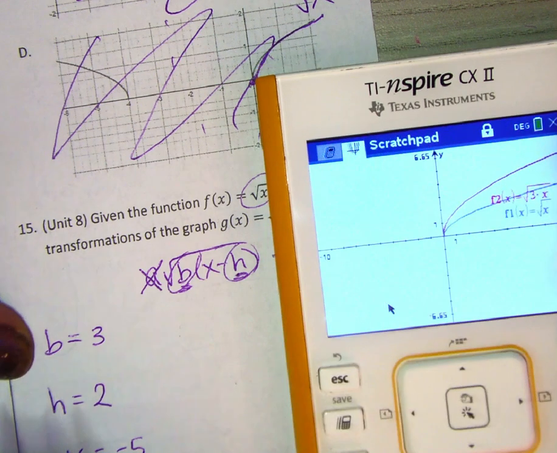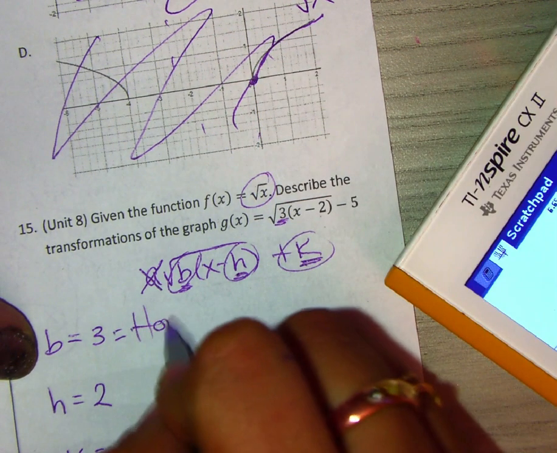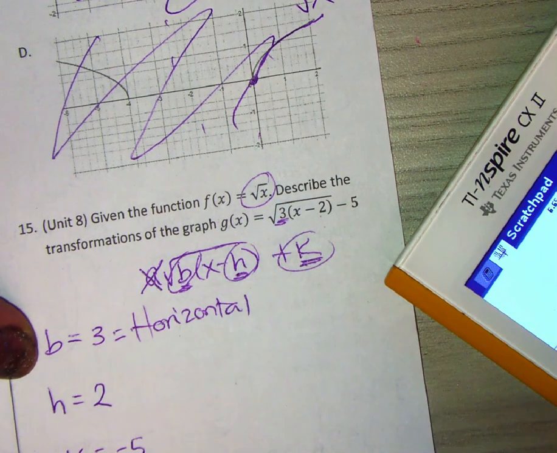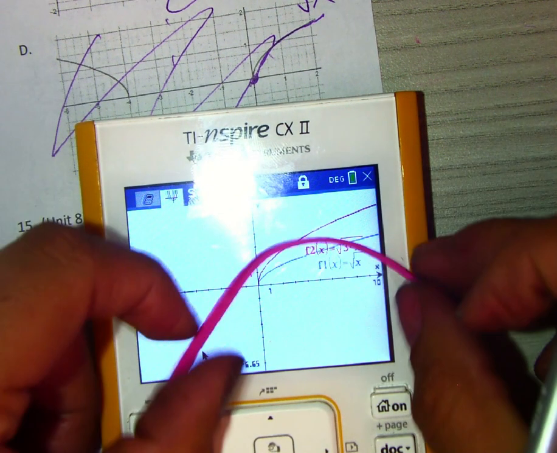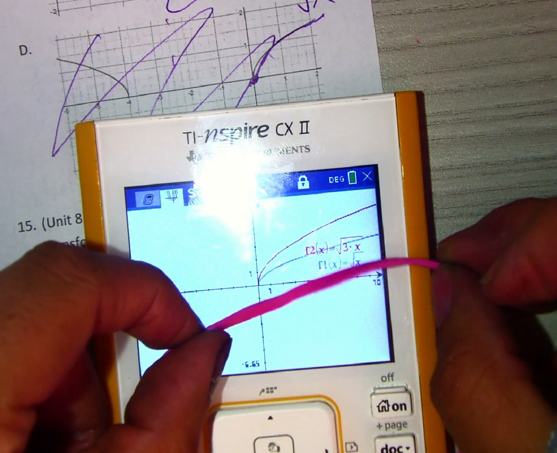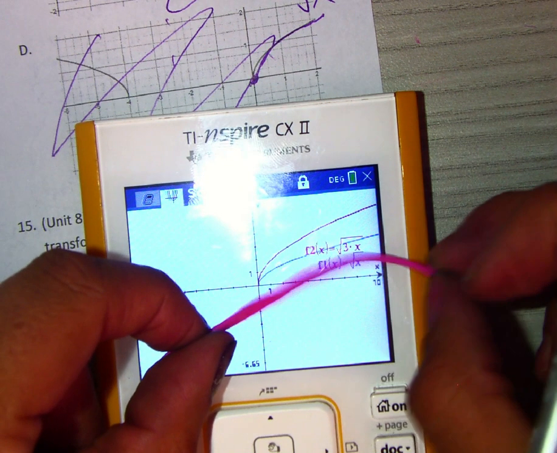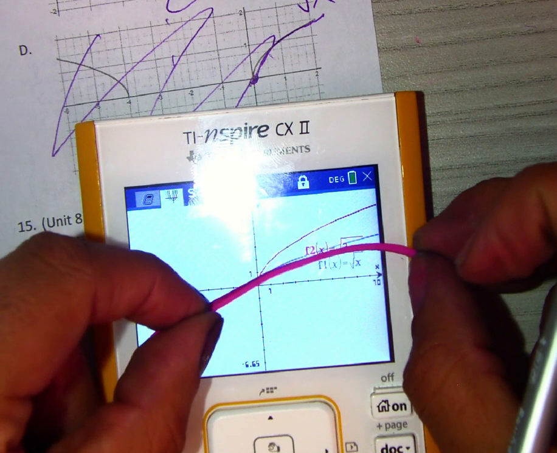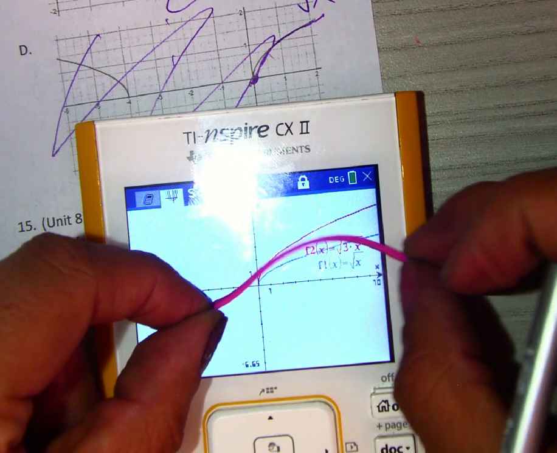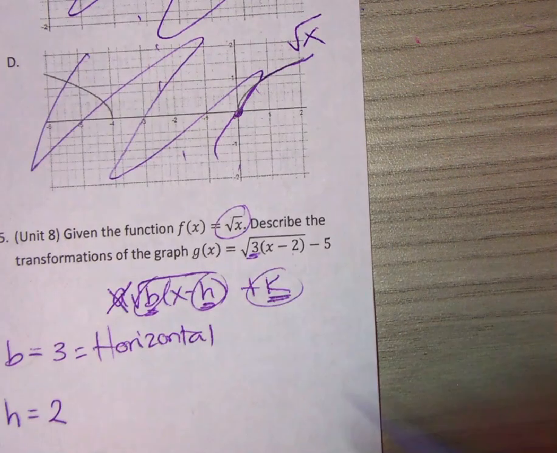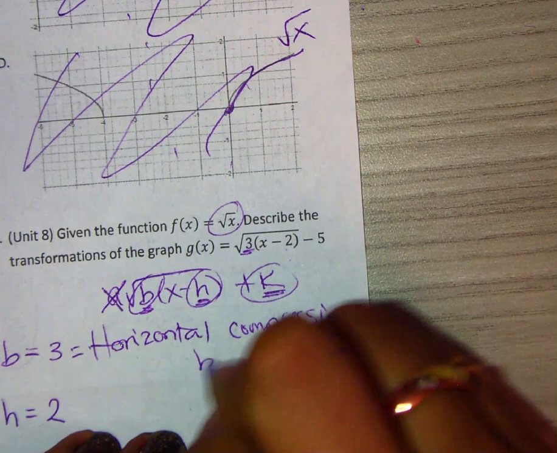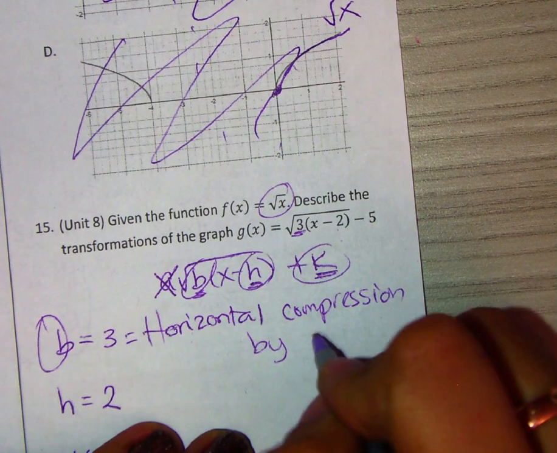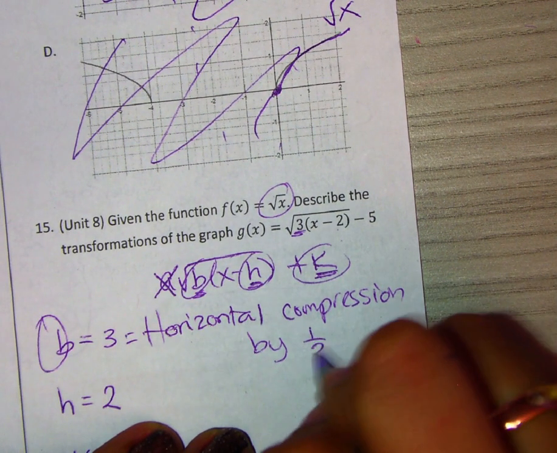Because it's a b value though, we're going to say horizontal. And since we're talking horizontally, we are looking at it sideways. What happened to this graph sideways? So did we stretch the graph or did we compress the graph sideways? So this is a compression because stretch will make it lower like this and compression like that. So horizontal compression by, and because it's a b value, we are going to say 1 over b, which is 1 over 3.